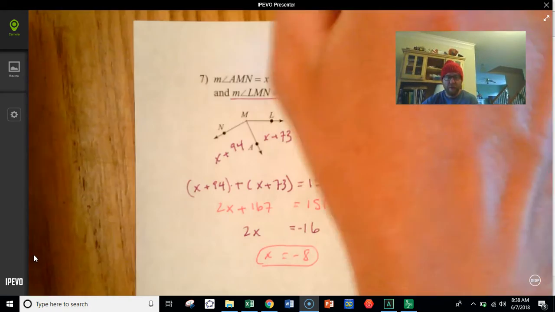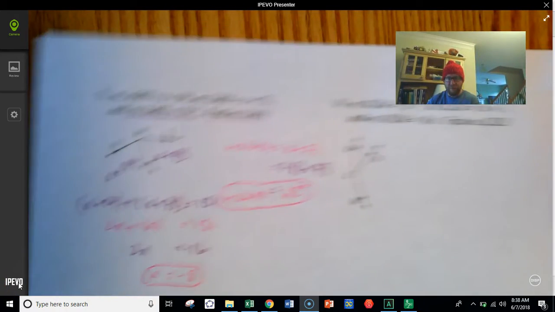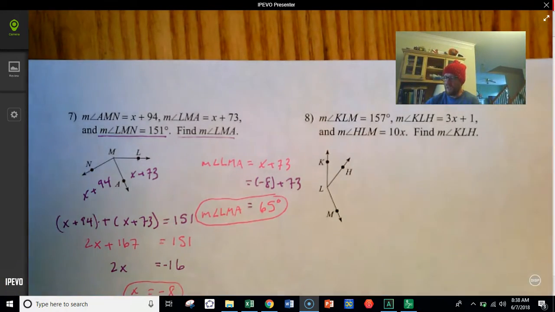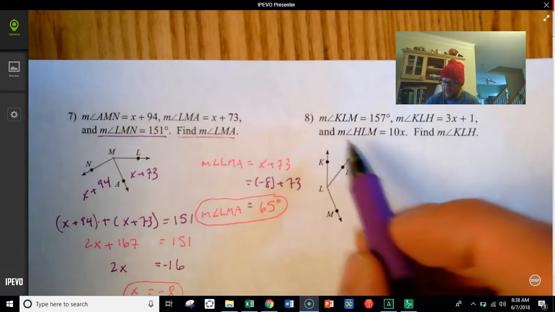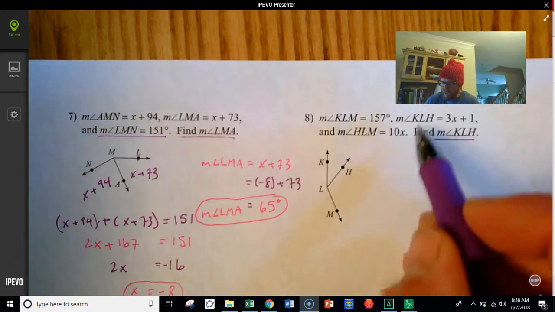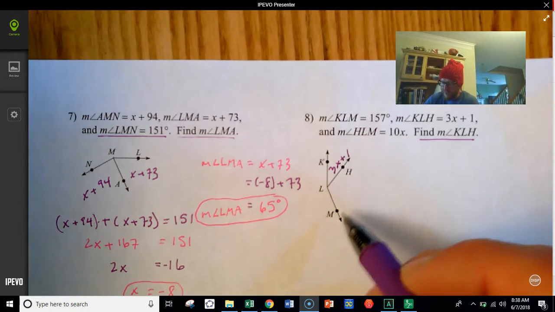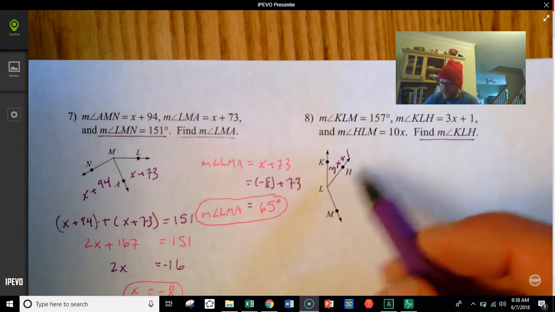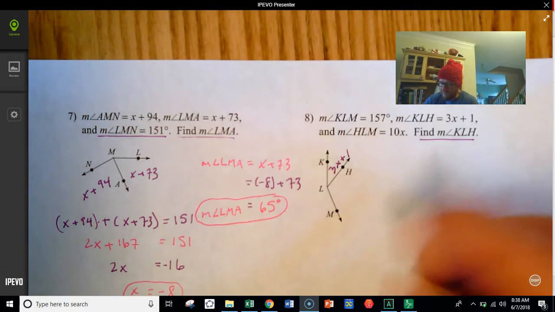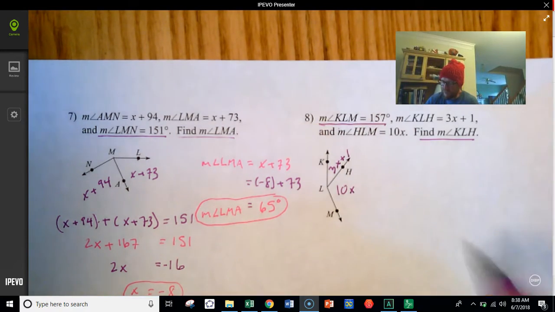All right. Let's take a look here. Next, we're trying to find KLH. We know that KLH is 3x plus 1, and that HLM is 10x, and the big angle is 157 degrees.